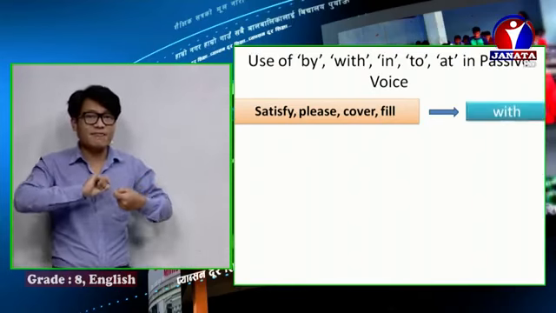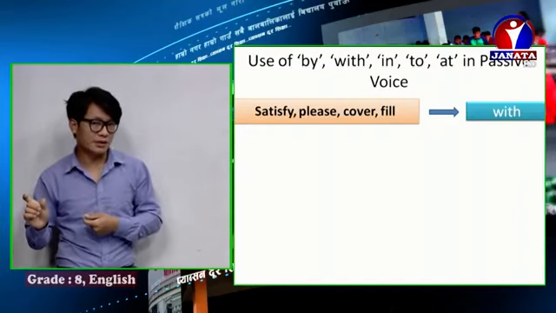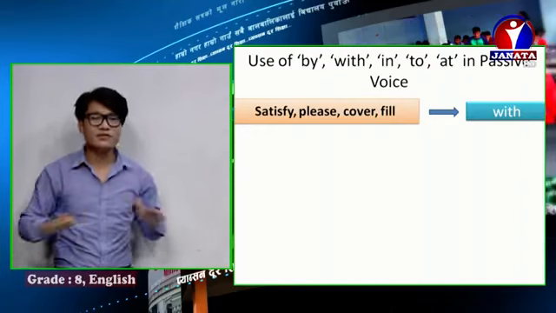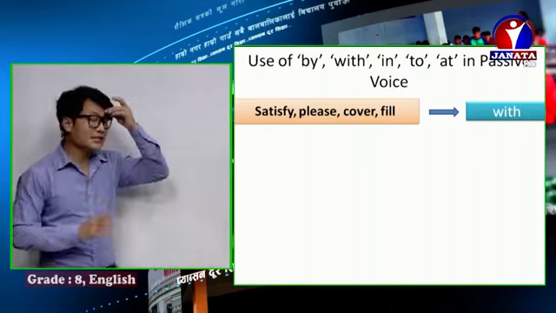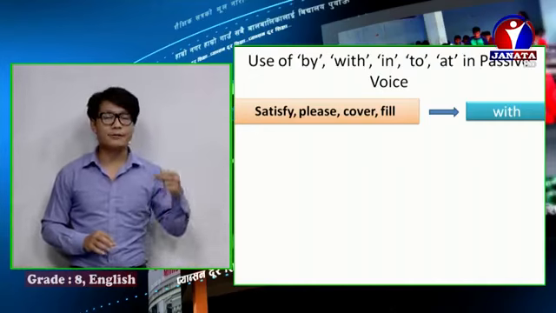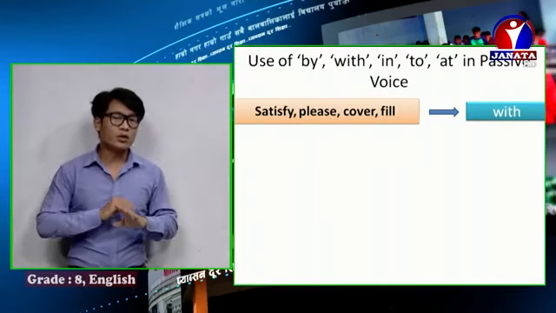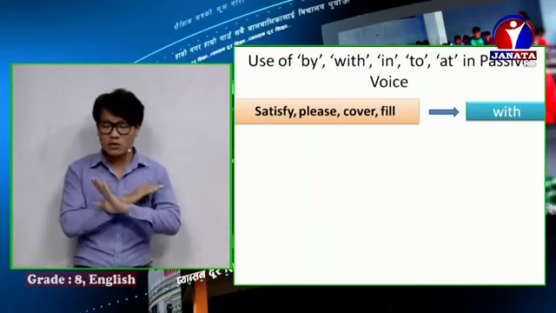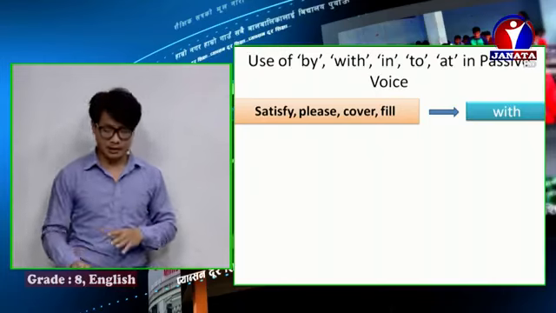You need to write "I am satisfied with Susan." If you write by, that is wrong. So remember these four verbs: satisfy, please, cover, fill. With these verbs, we don't use by, we use with in the place of by.